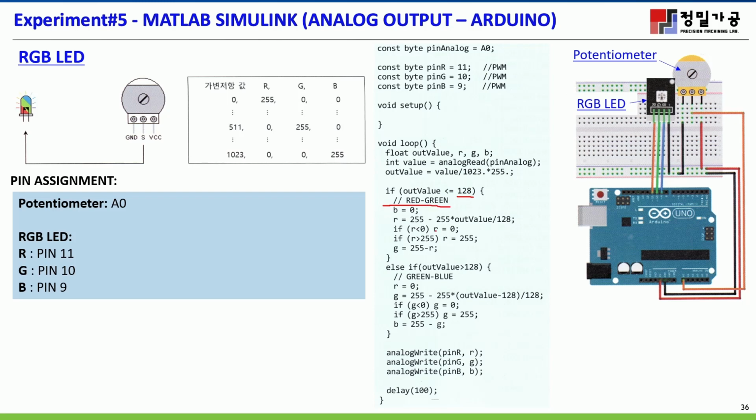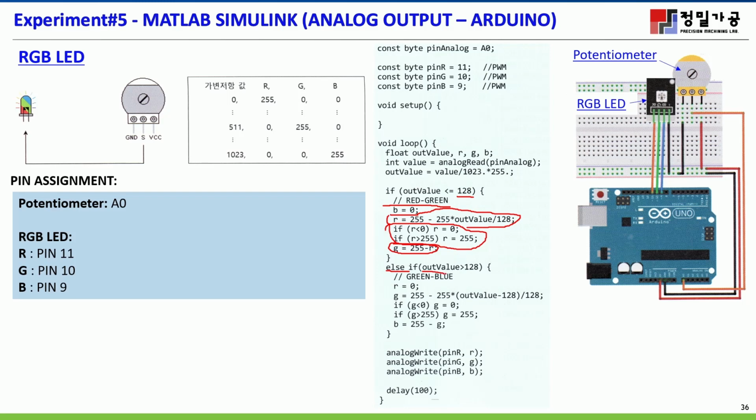This kind of combination color, I think, is not important. In this part, for red and green, blue is 0, red is this equation, and the green is based on the red value.